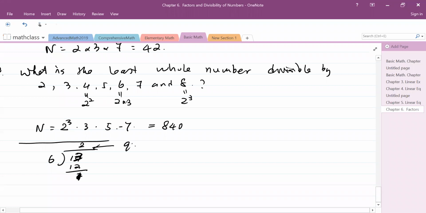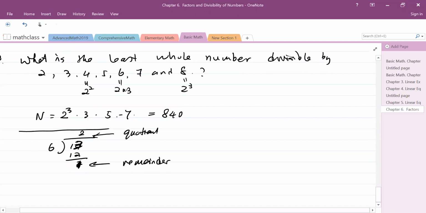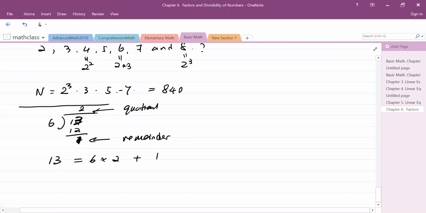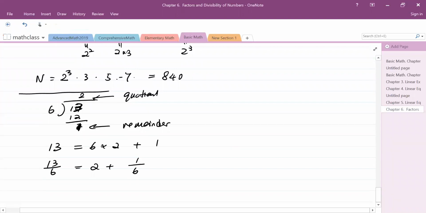So 13 equals 6 times the quotient plus the remainder. That's one identity. If both sides are divided by 6, then 13 divided by 6 is 2 plus the remainder divided by 6. That's another way to describe it.